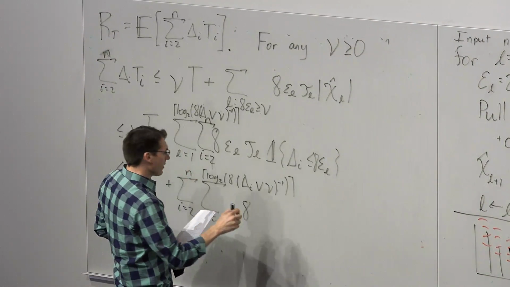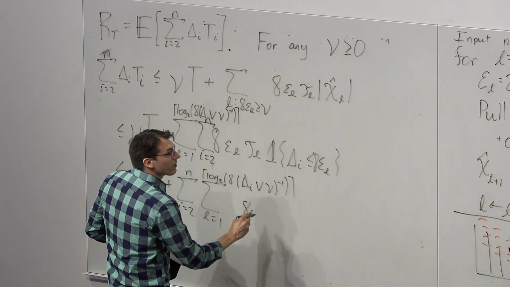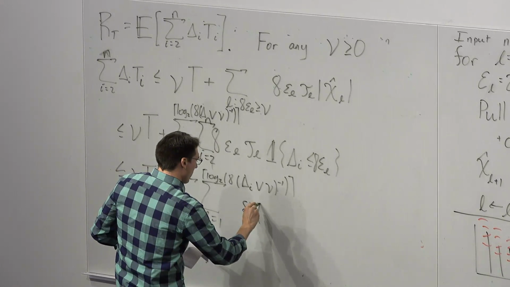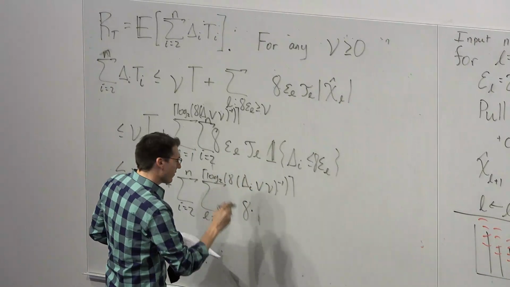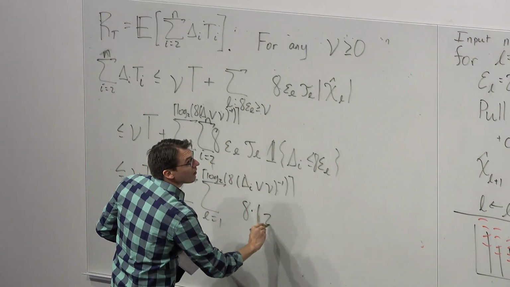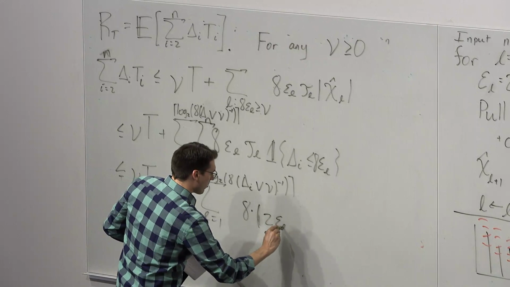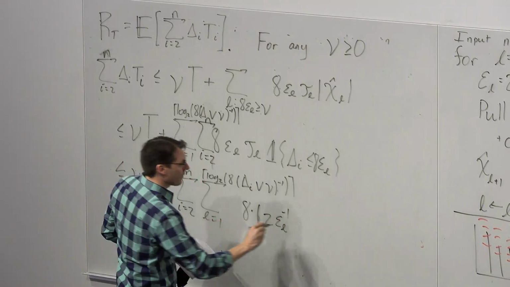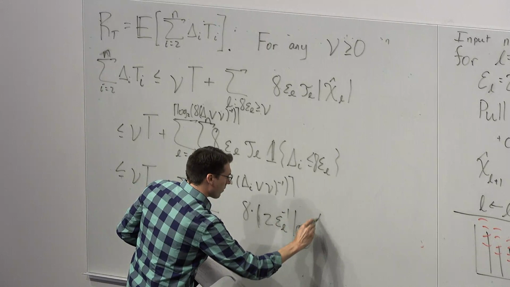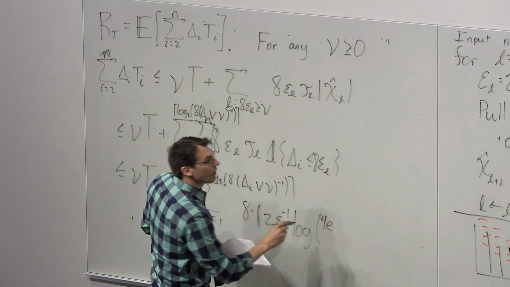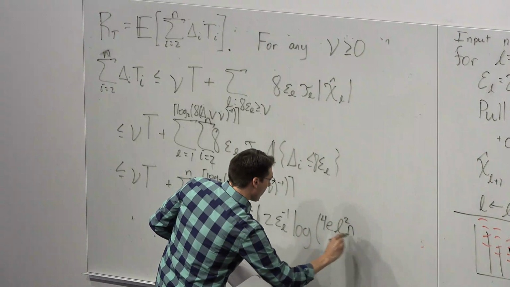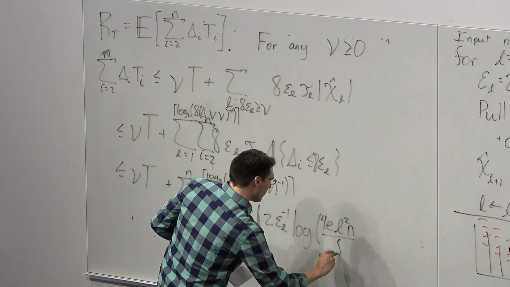And I just get, ignoring integer effects, I'll just put it into the sum and give myself an 8. So I just get 1 over epsilon L of, I guess it's like 4e L squared n over delta.